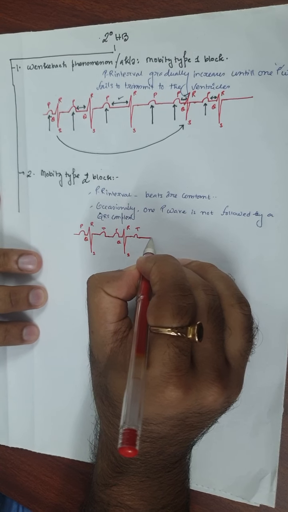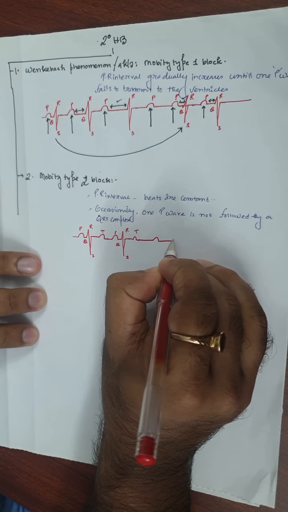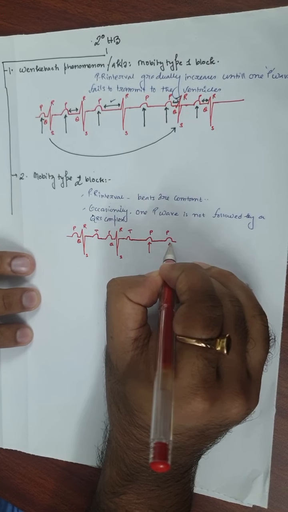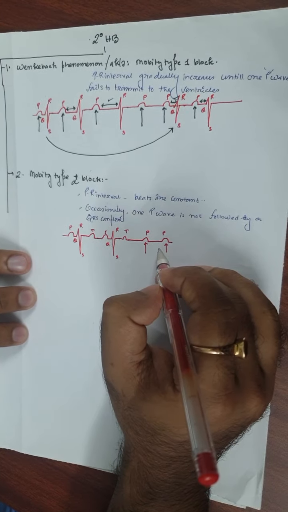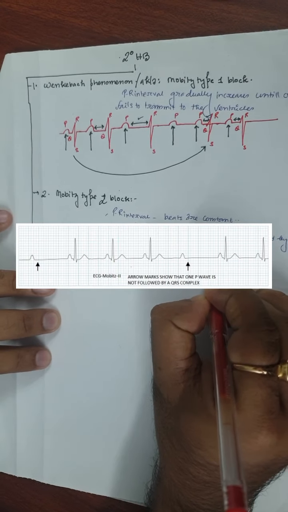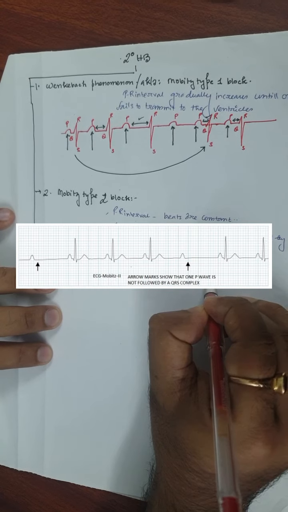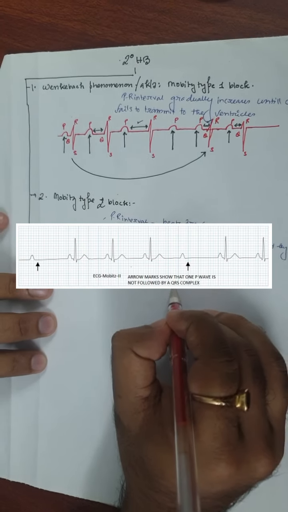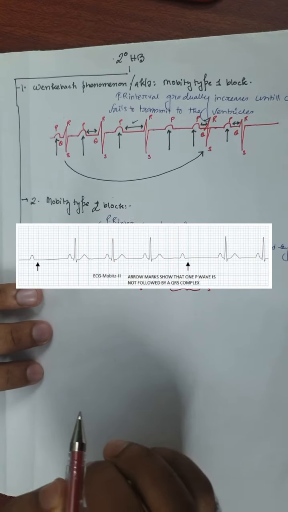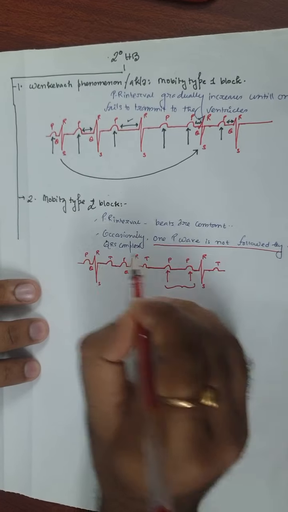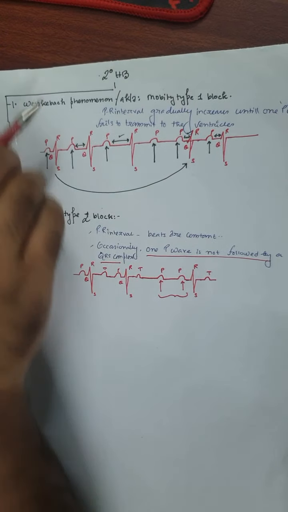Here one P wave fails to transmit one single impulse from SA node to AV node, but the next PR interval is again the same. So in this case, only occasionally one P wave is not followed by a QRS complex.